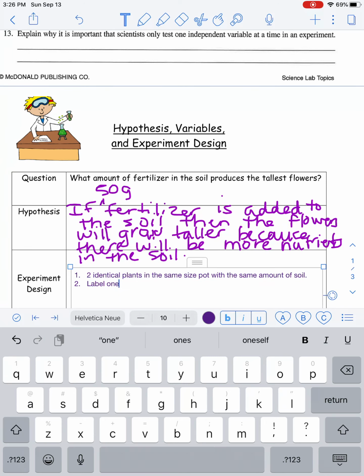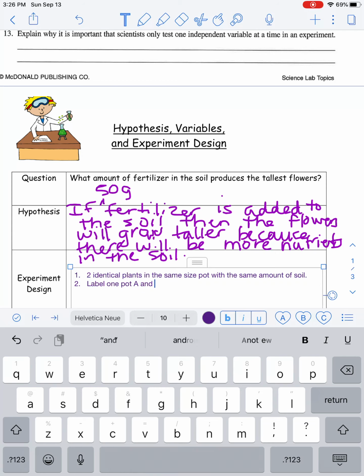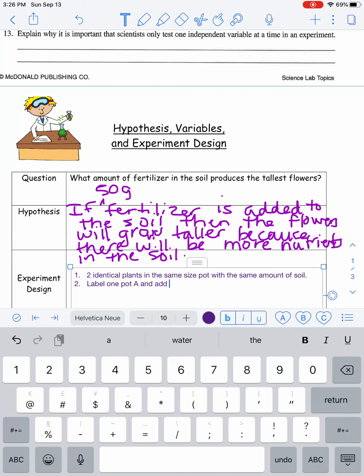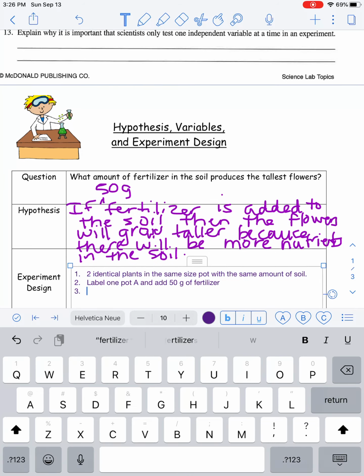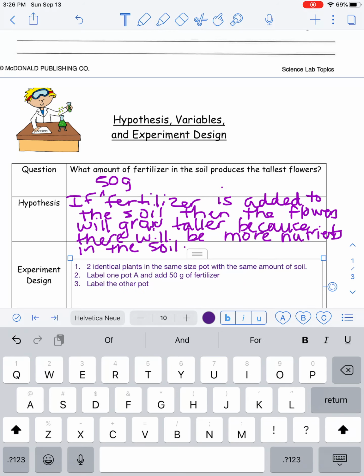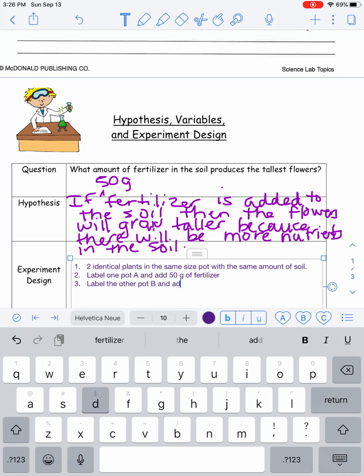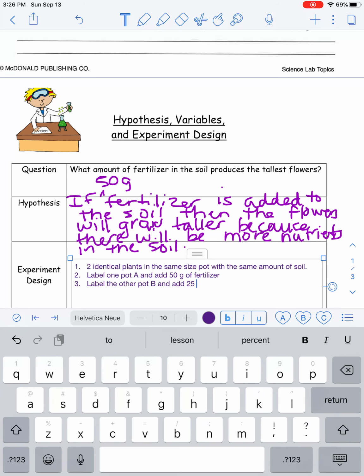Label one pot A and add 50 grams of fertilizer. Label the other pot B, how about B, and add 25 grams of fertilizer.